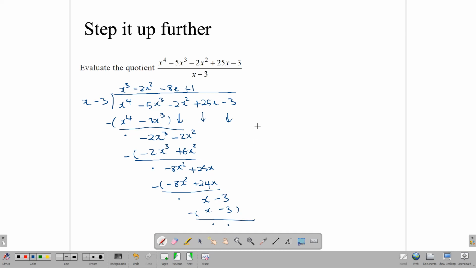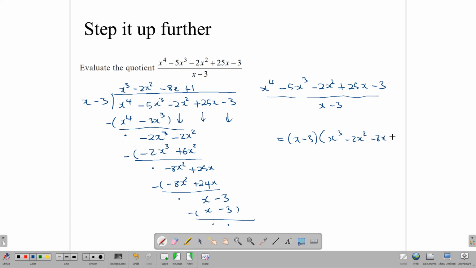And so what you find is that this expression, x to the fourth minus 5x to the third minus 2x squared plus 25x minus 3, all of that divided by x minus 3, gives us simply x minus 3 multiplied by our quotient, which is x to the third minus 2x squared minus 8x plus 1.